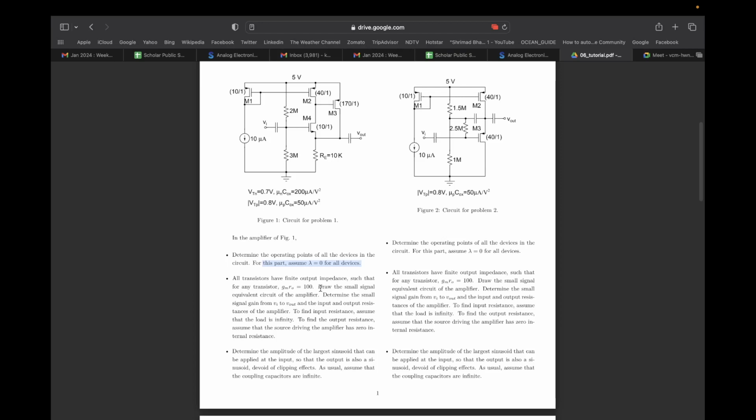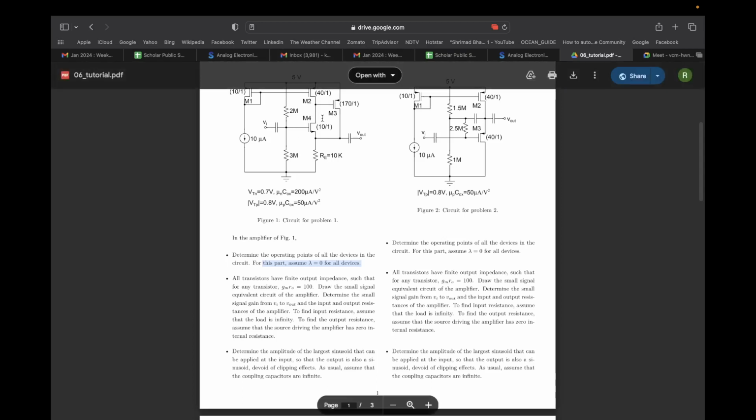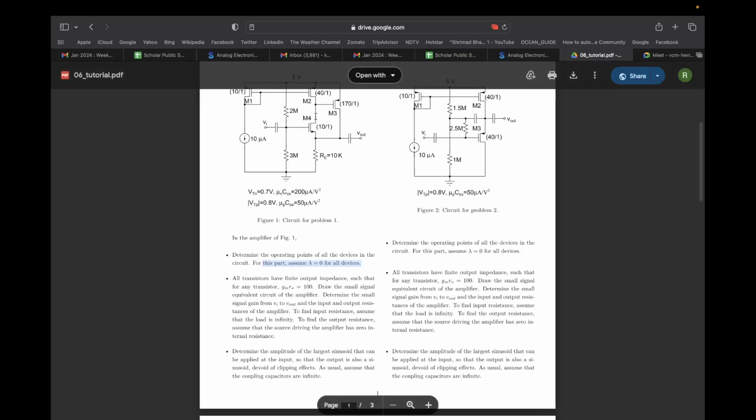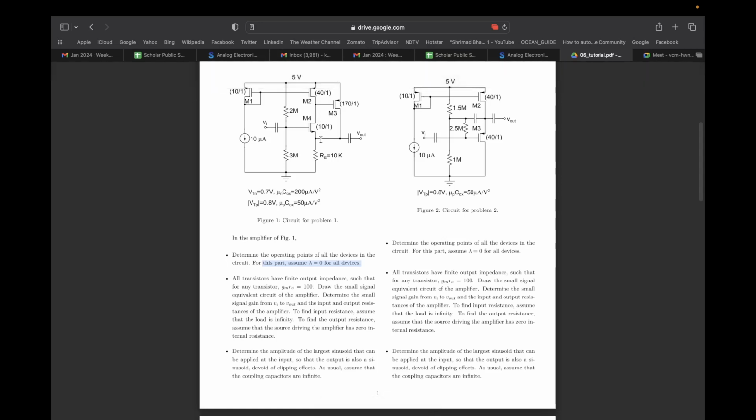If you had been given the actual value of lambda, you would have calculated the output resistance and placed it in parallel with the transistors. But now, since you have been given GM RO equal to 100, you will just assume a resistor of value 100 by GM, place it in parallel to these transistors, and then proceed with circuit analysis.